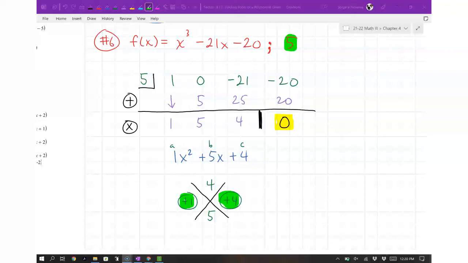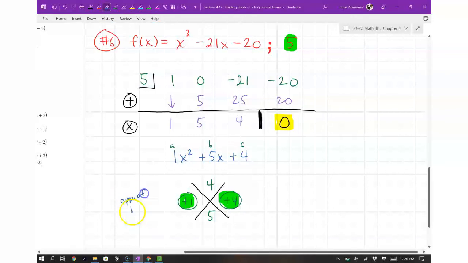Okay. Now remember, your answers are not positive 1 and positive 4. They're negative 1 and negative 4. Okay, so let me write that little note again for you guys. Opposite of the roots. Okay, that's what we're looking for. The opposite of the roots. So here you go. Negative 1, negative 4, and 5.